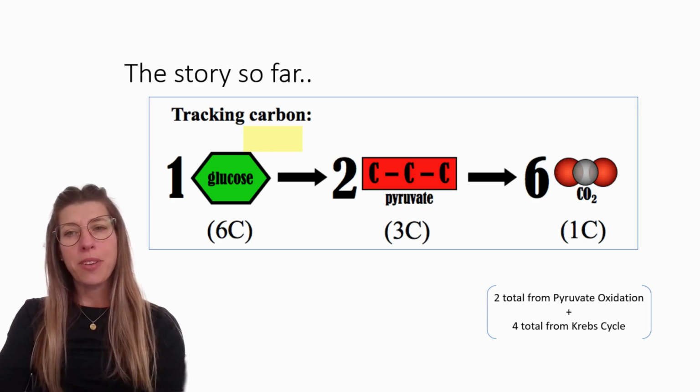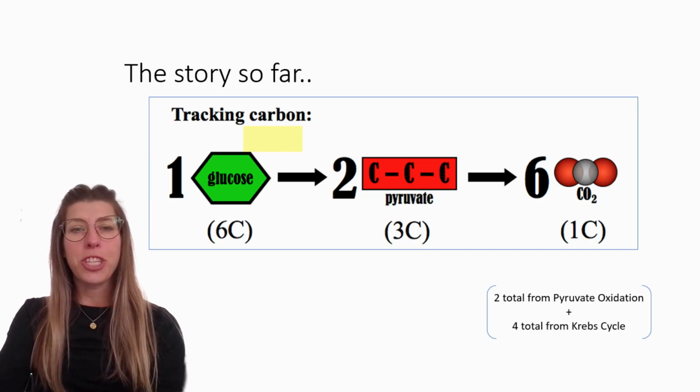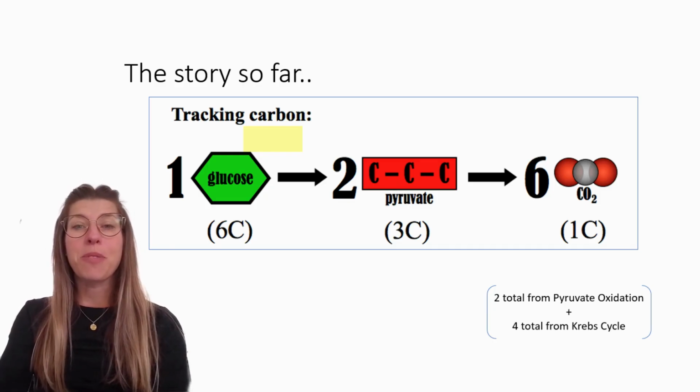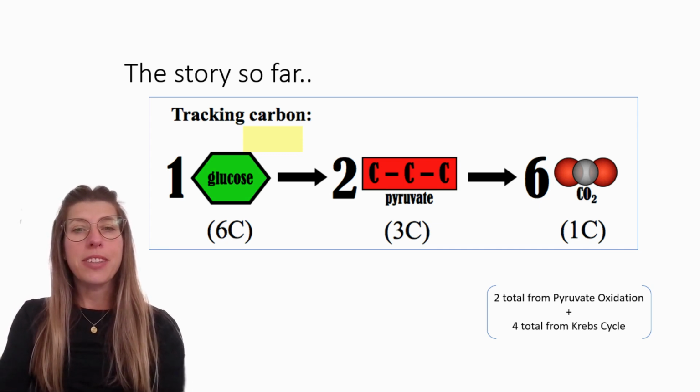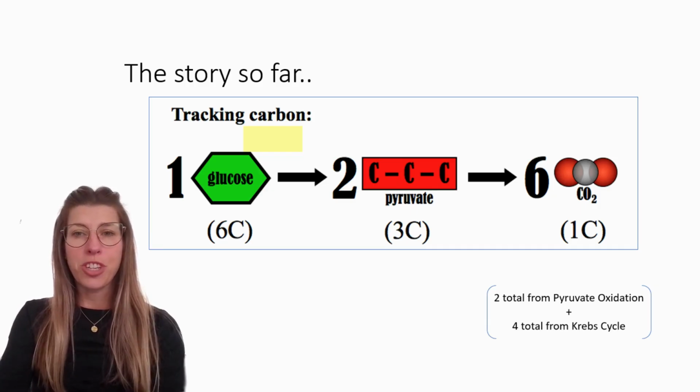So tracking the carbon so far that we've been looking at through stage 1, glycolysis, 2, pyruvate oxidation, and 3, the Krebs cycle, what we see happening is that 6-carbon glucose is splitting in half and producing 2 pyruvates, which each have 3C.